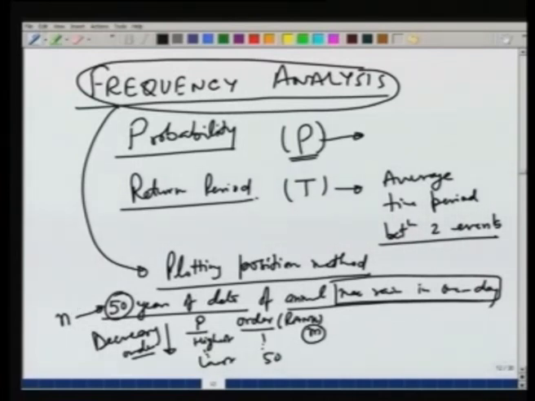And the plotting position method says that this data of the rainfall depth, or let us use a different symbol here since p we are using for probability, let us say Pr, the precipitation, any probability of any value or the plotting position is generally given by m over n plus 1.